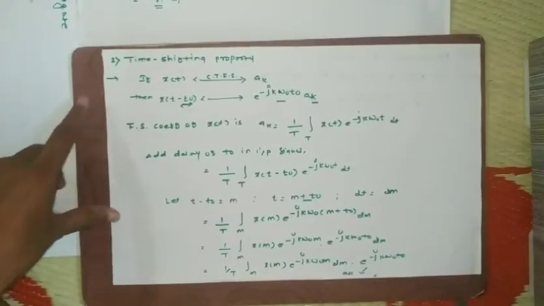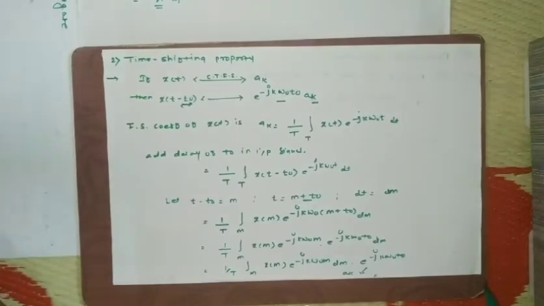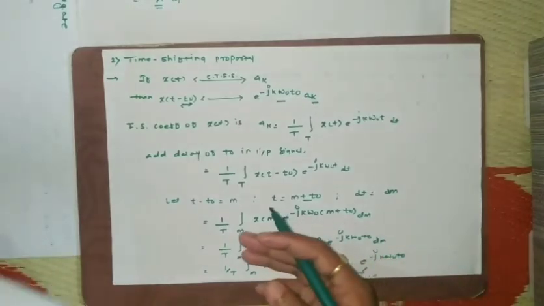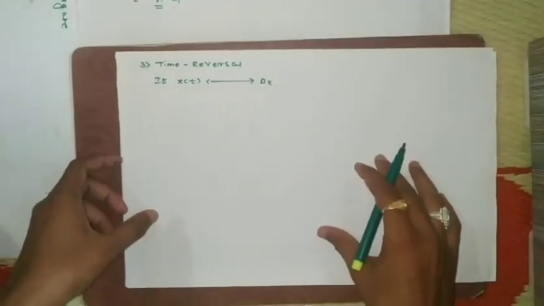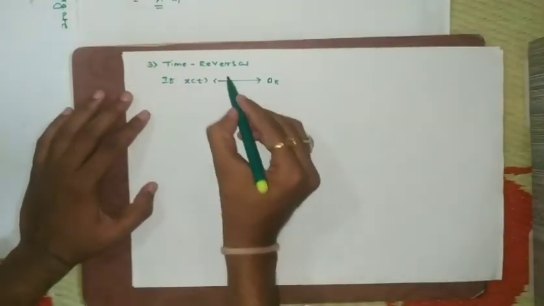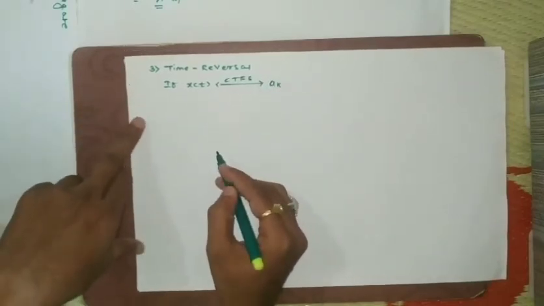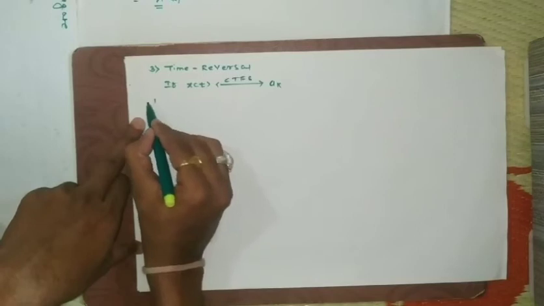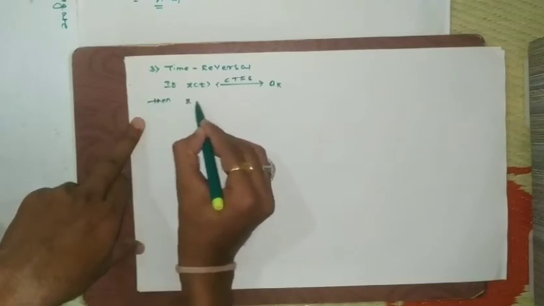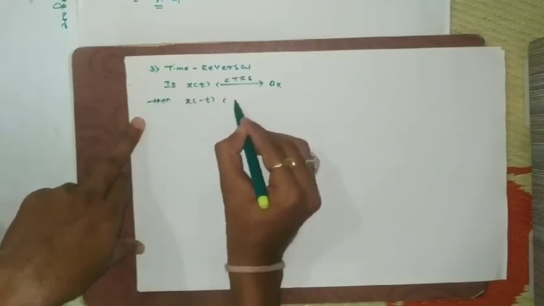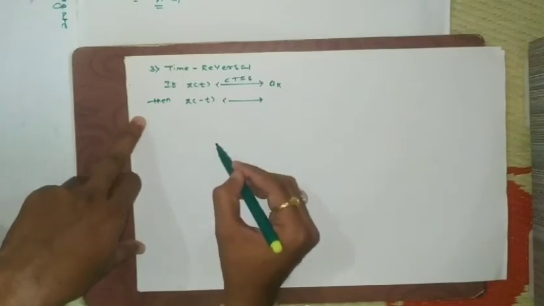Now we'll move on to the next property, which is called the time reversal property. Here the first statement is as it is: x(t) is any signal whose Fourier series coefficient is a_k. Now we have to reverse this signal, so we have to find the Fourier series of x(-t).